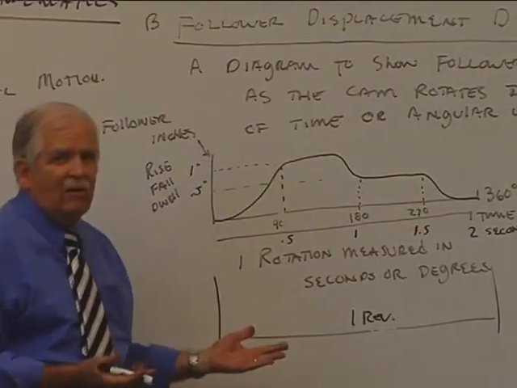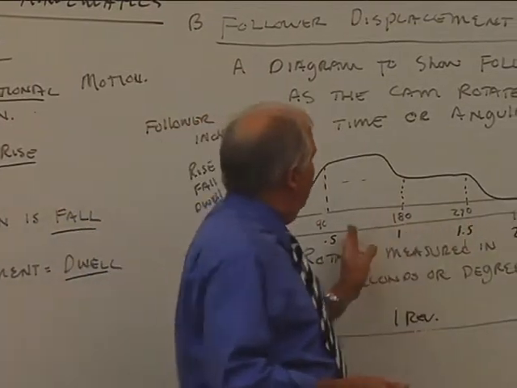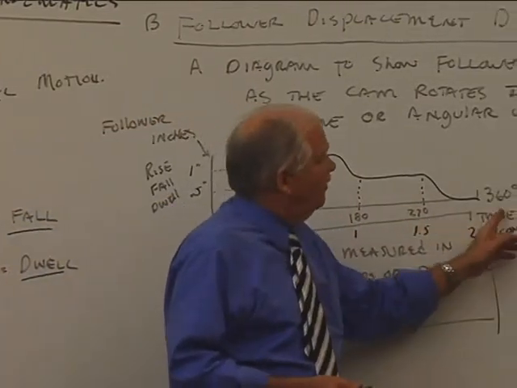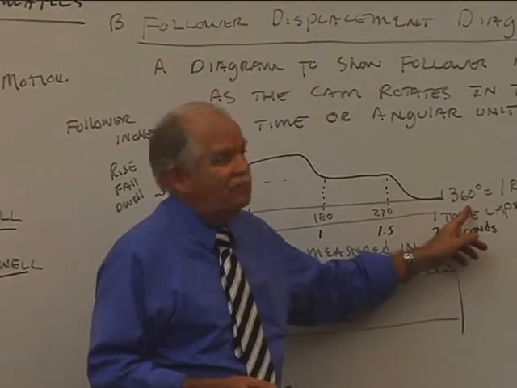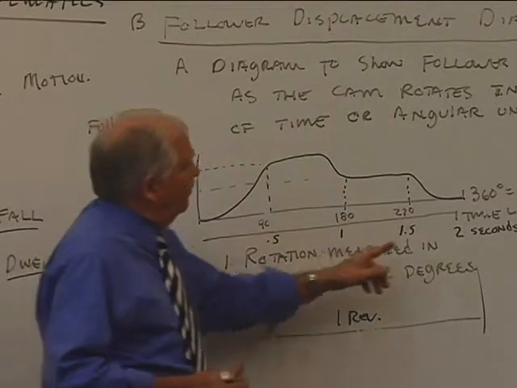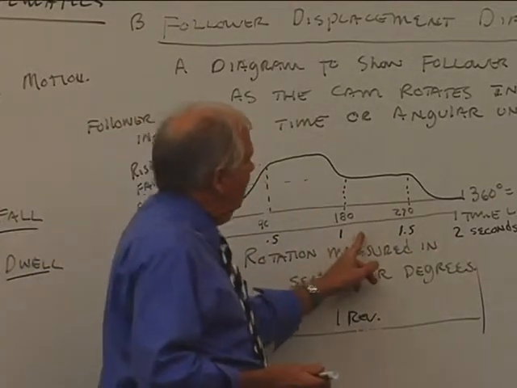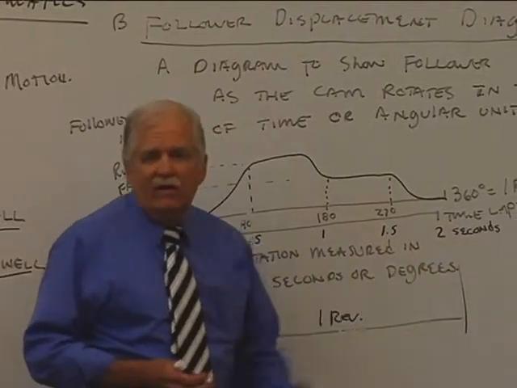My example here on the board is that I've set up the revolution and divided it into 90, 180, 270, and 360 degrees, which is one revolution. And through that time, I'm going to use 2 seconds. So here at 0.5, 1, 1.5, and then finally 2.